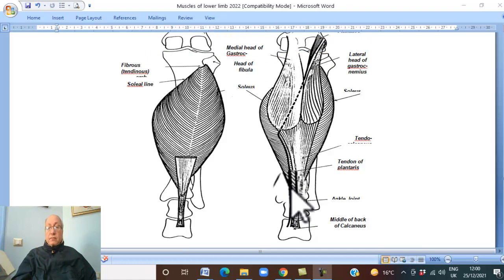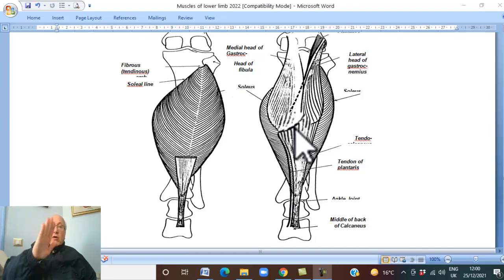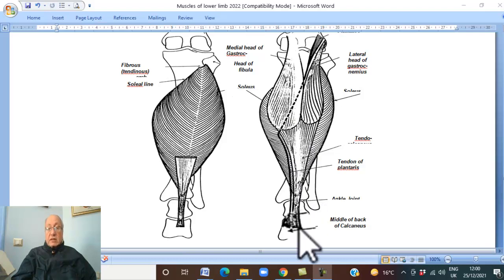What is the action of gastrocnemius? The action of gastrocnemius is the common action: powerful plantar flexion of the foot at the ankle joint, because if you pull the calcaneus upward towards the origin of gastrocnemius, soleus, and plantaris, this will pull the calcaneus upward and turn the sole of the foot downward.